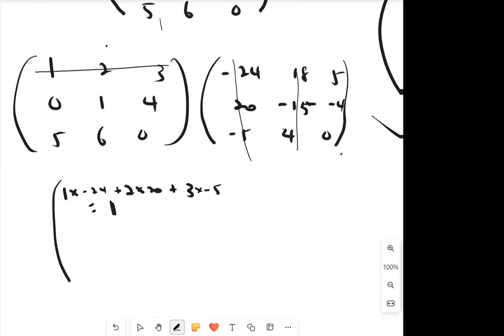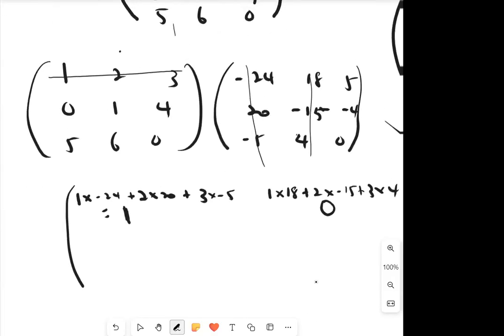So I have 1 by 18 plus 2 by minus 15 plus 3 by 4. So this is 18 minus 30. 18 minus 30 is negative 12. Negative 12 plus 12 is 0. You see that? So I got my 1, I got my 0. And I'll bet my last dollar that if you multiply this row by this column, you're also going to get naught.